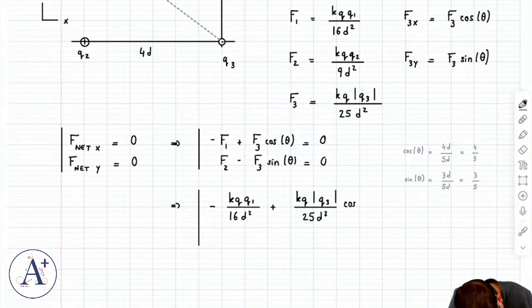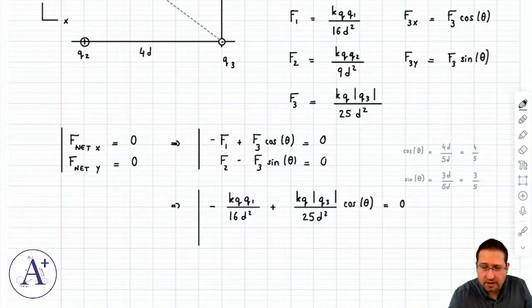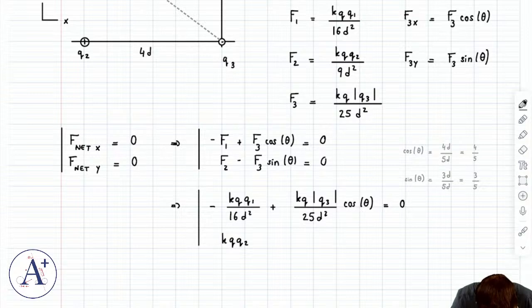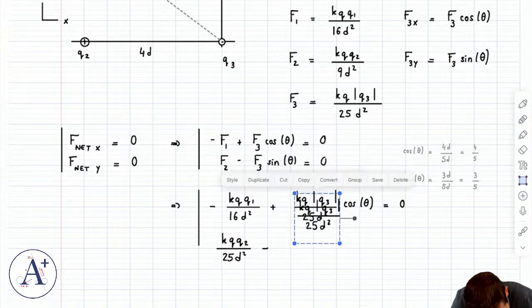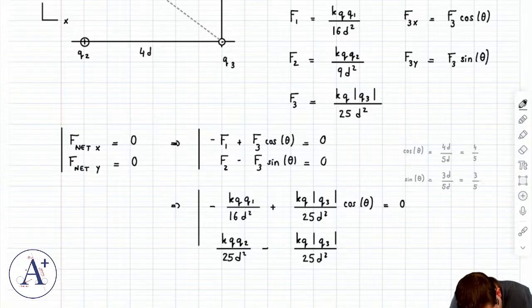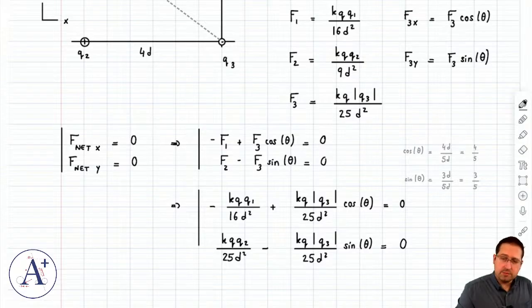I'm just going to leave it as cosine theta for now, and we'll plug in 4/5 in a second. Okay. F2 is K Q Q2 divided by 25 d squared minus F3, all of this, sine theta. That's going to be 0.